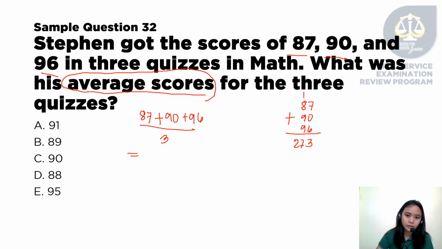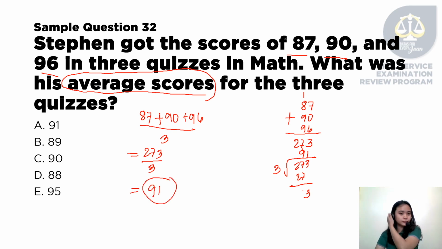So, ito daw is equal to 273 over 3. 273 divided by 3 ay 9 to. 9 times 3 is 27. Bring down 3. So, that is 1. So, this is equal to 91. So, yung average score niya daw ay 91, which is yung letter A.